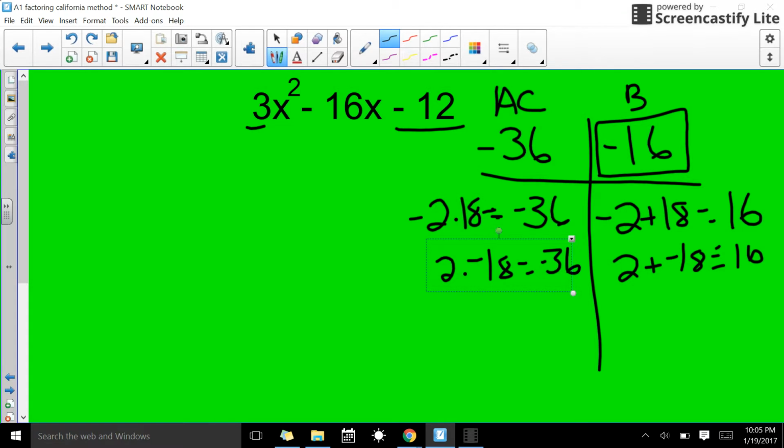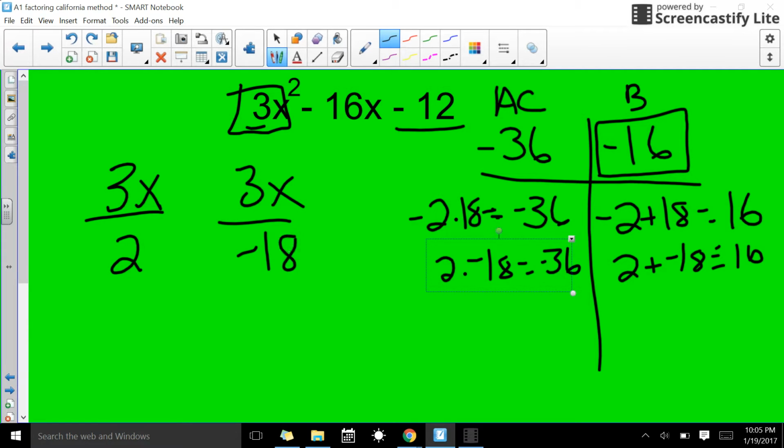So we come over here. We have to look at this. All right. So we're going to do 3x divided by 2 and 3x divided by negative 18. I can't simplify the 3 over 2, so this is how I'm going to type my answer.